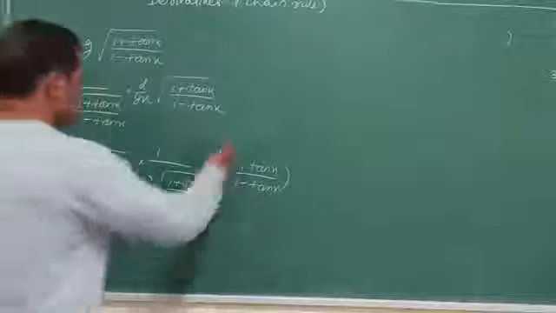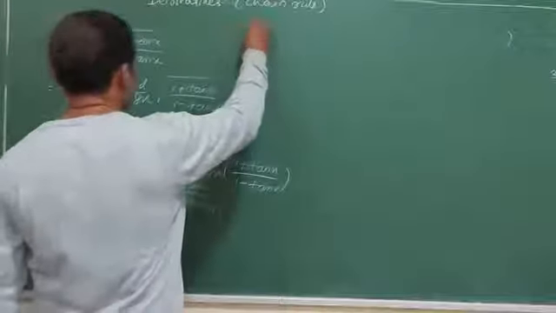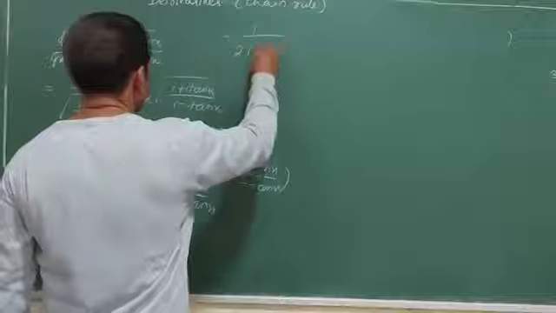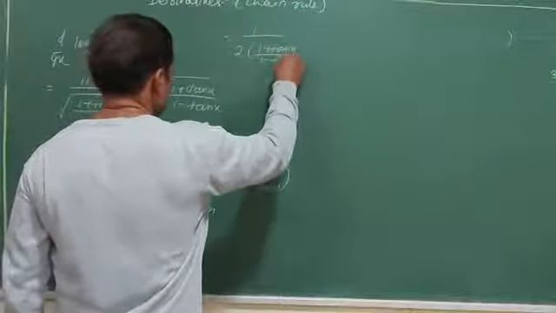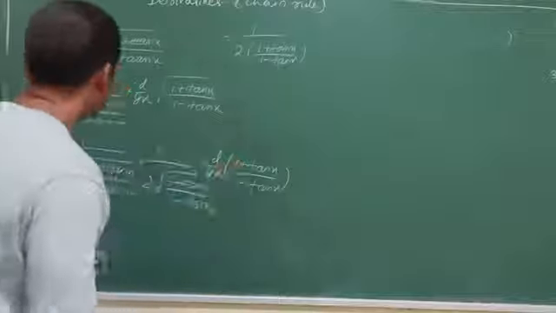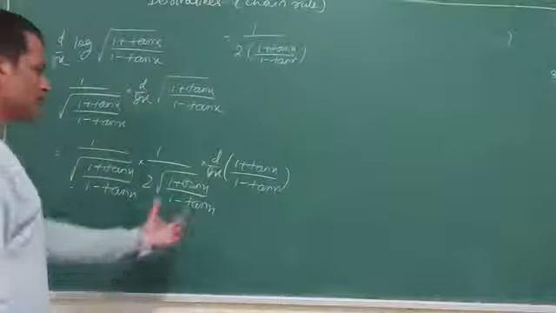This is multiplied, what it gives you (1 plus tan x) by (1 minus tan x), because both roots are multiplied. Then apply quotient rule here.